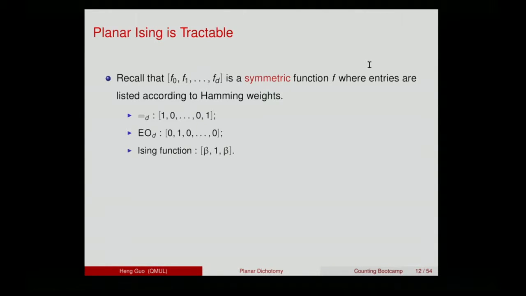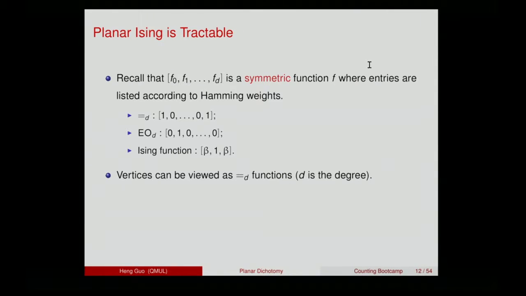It is 1 if and only if all inputs are 0 or all inputs are 1. And like the perfect matching function, the exact-one function is [0, 1, 0, 0, 0]. That is, it is 1 exactly when one of the inputs is 1. And the Ising function is [beta, 1, beta]. It's a binary function because it's put on every edge.